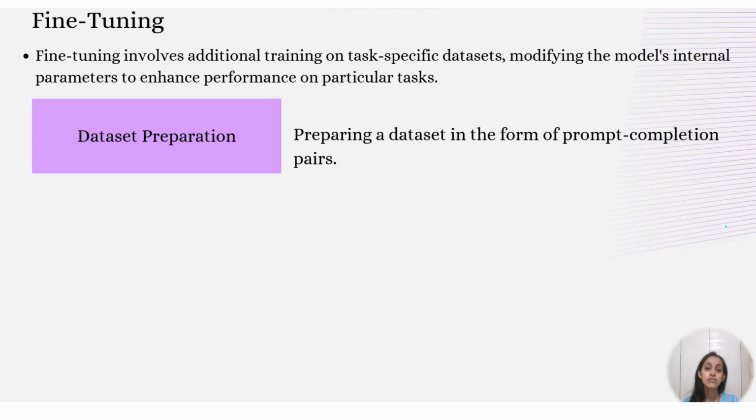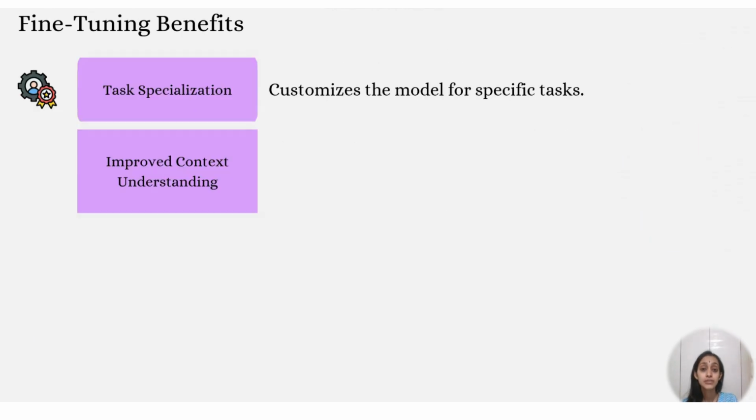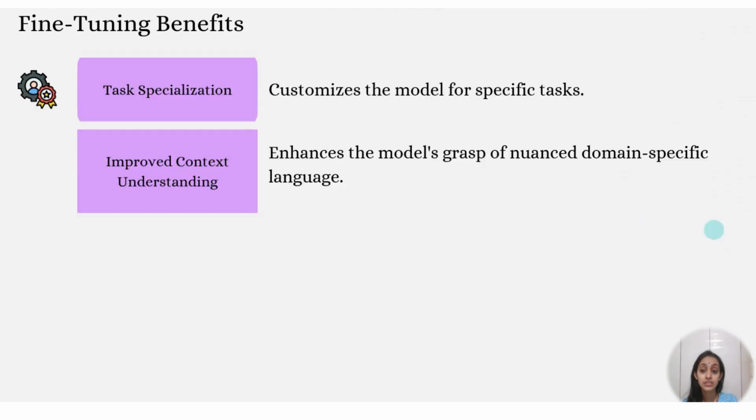So we need to convert our data into a form acceptable by the language model, and that is in the form of prompt and completion pairs. We do the model training, adjust the weights of the language model, evaluate and refine iteratively. So fine tuning helps us achieve task specialization and improved contextual understanding for the language model.